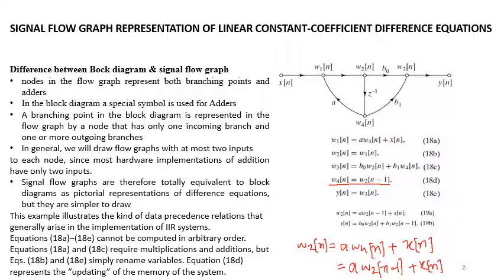Some of the variables can be eliminated, because we know that W4[n] equals W2[n-1] and W2[n] is W1[n].